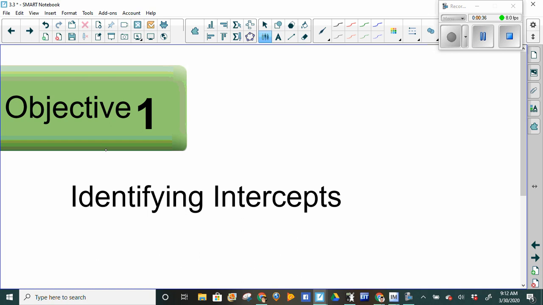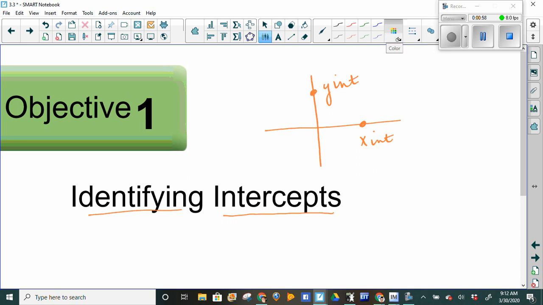All right, so first we're going to identify the intercepts. So remember that intercepts are where your graph crosses your x or y axis. So if I'm here, this is the x-intercept, and if I'm here, this is the y-intercept. So we're just going to identify them first.